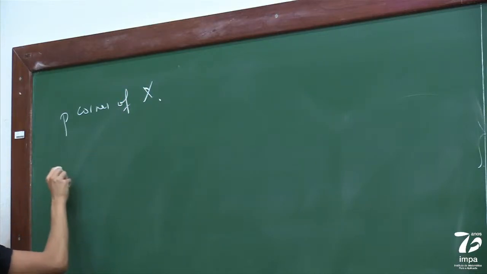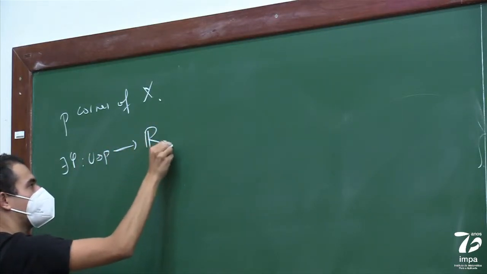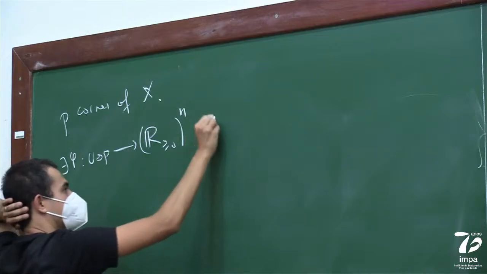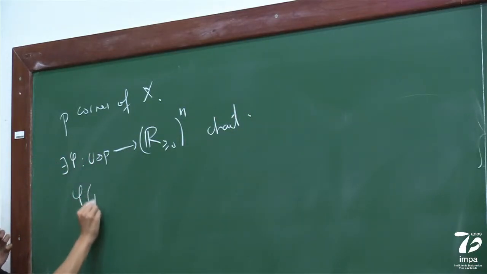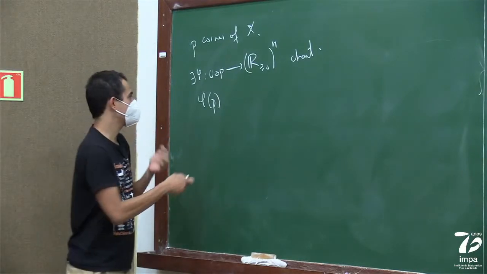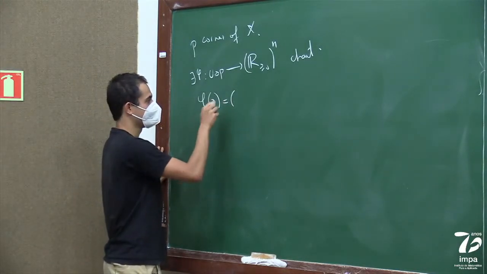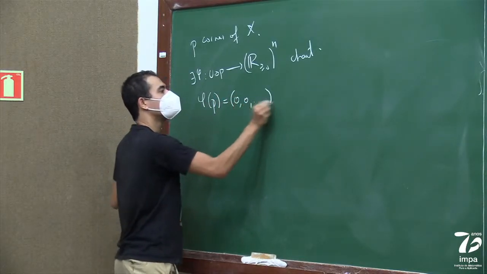That means that there exists a chart centered at P that goes into this first quadrant. So there's a chart, and the point is that the image of P is not only on a hyperplane, but on two hyperplanes at the same time. So, for example, P goes to 0, 0, and so on.